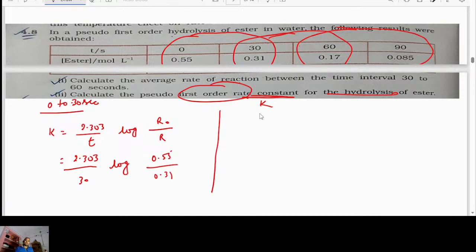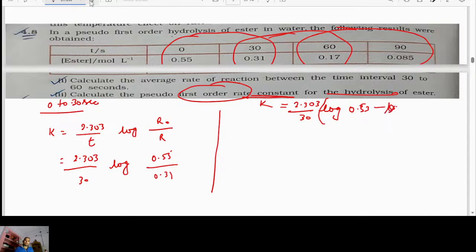So K is equal to, I am writing, K is equal to 2.303 upon 30, log of 0.53 upon 0.31. This is also going to be a log difference, student.